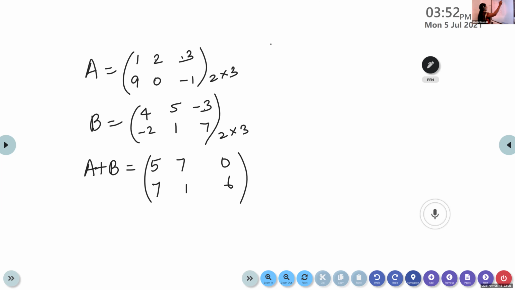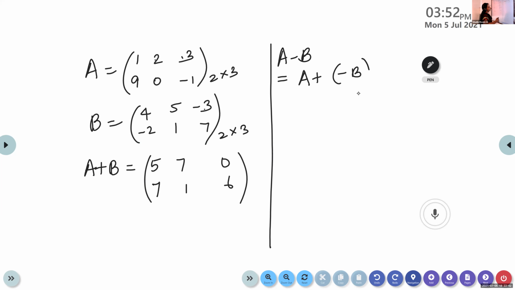Can you tell me what will be A minus B? A is the same matrix, B is the same matrix. What will be A minus B? Listen, children. A minus B is defined as A plus minus B, that is, A plus the negative of B. So A is the matrix 1, 2, 3, 9, 0, minus 1 plus minus of B. What is meant by minus of B?